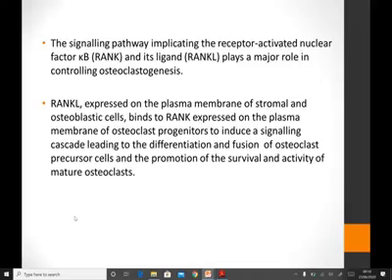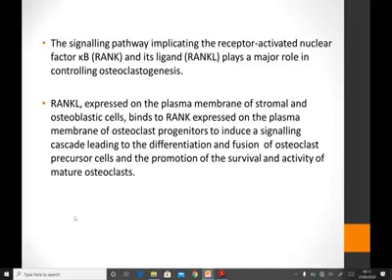The major signaling pathway that controls osteoclastogenesis is the interaction between a molecule called RANK, the receptor activated nuclear factor, and its ligand called RANKL, the receptor activated nuclear factor ligand.